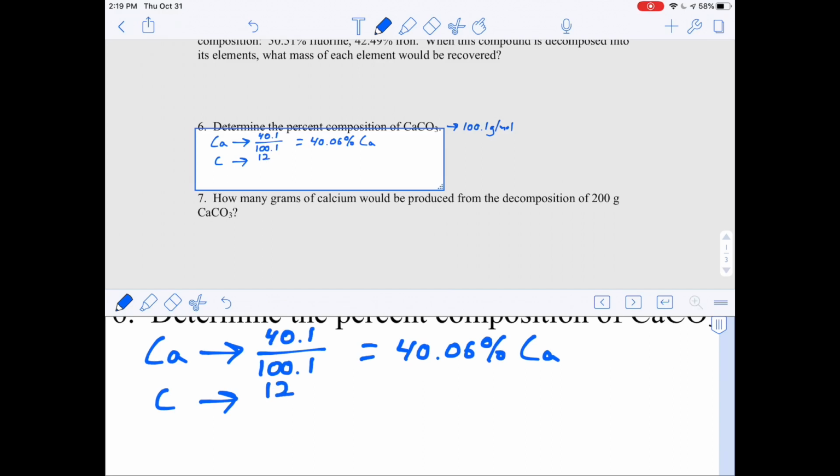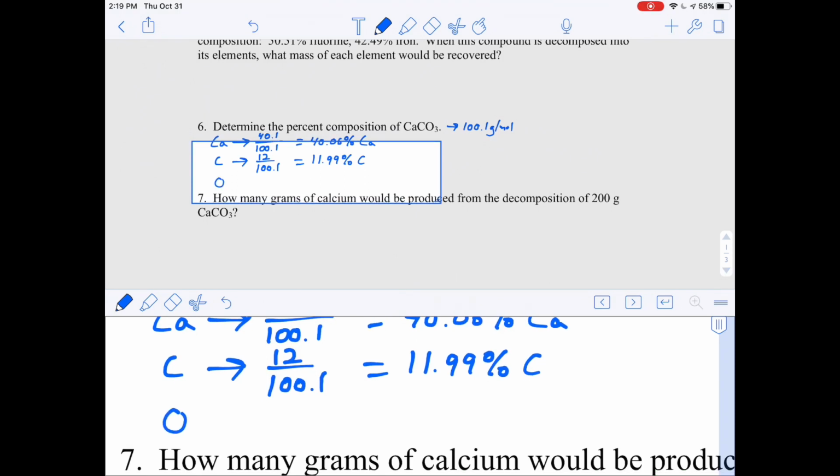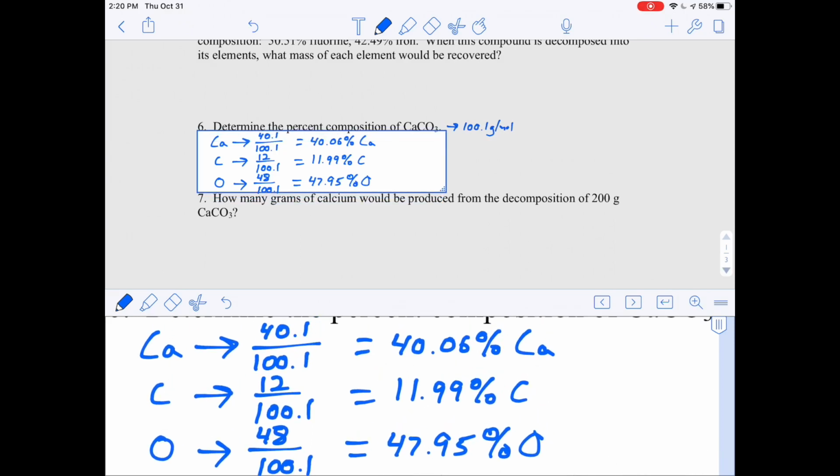Carbon's 12 divided by 100.1 multiplied by 100, and you get 11.99% carbon. And finally for oxygen, there's 3 of them, so you multiply that mass of 16 times 3, and you get 48 divided by 100.1. Again, multiplied by 100, that is 47.95% oxygen. So there you have your percent composition of calcium carbonate.